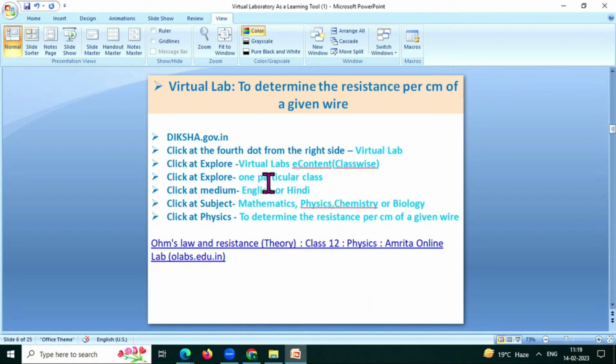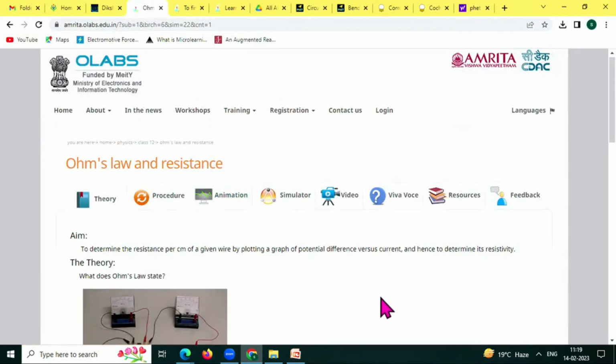Go to diksha.gov.in, then click on the fourth vertical, that is the fourth dot from the right side, and you will get Virtual Lab. Then click on explore, then the medium, then the subject and the class, and then the subject. Now, let us see how one virtual lab can be performed.